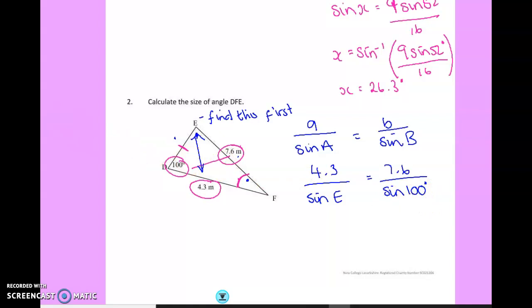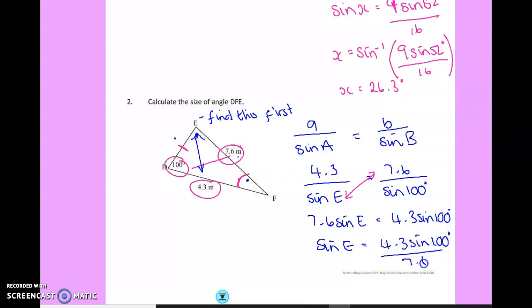Cross multiplying then. So I'm going to do this one times this one. I'm going to change my pen colour back this time. So we get 7.6 sine E is equal to 4.3 sine 100. So to get sine E on its own, let's take the 7.6 over. Now some people like to do that all in one step.